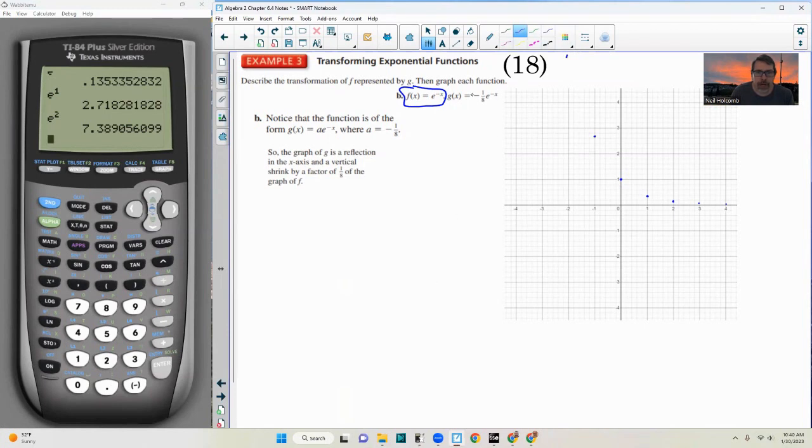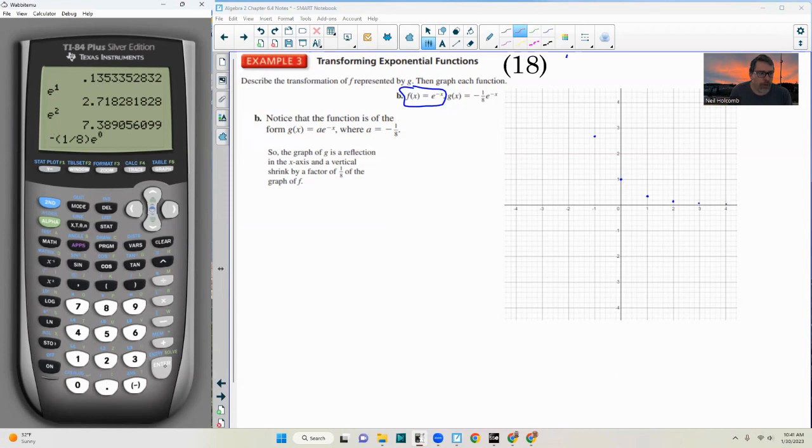And now we're going to graph this one. This is going to be a reflection in the x-axis and a shrink by a factor of an eighth. So let's just plug the values in. I'm going to put the function in as negative 1 divided by 8, negative 1/8 e to the power of 0.